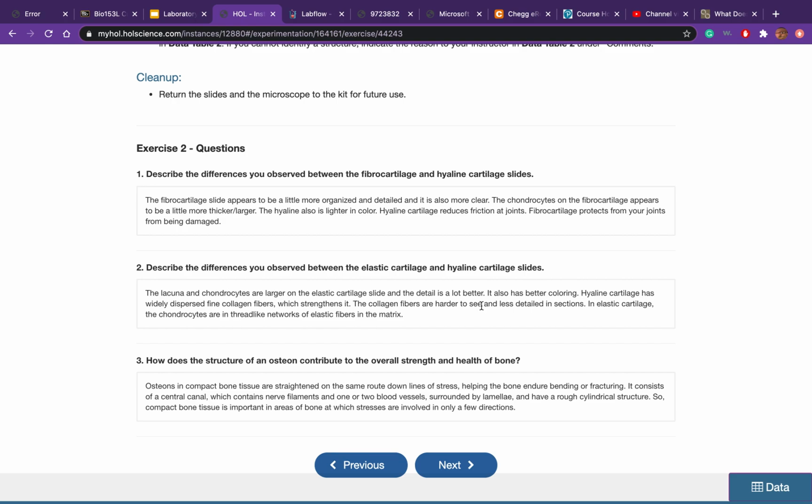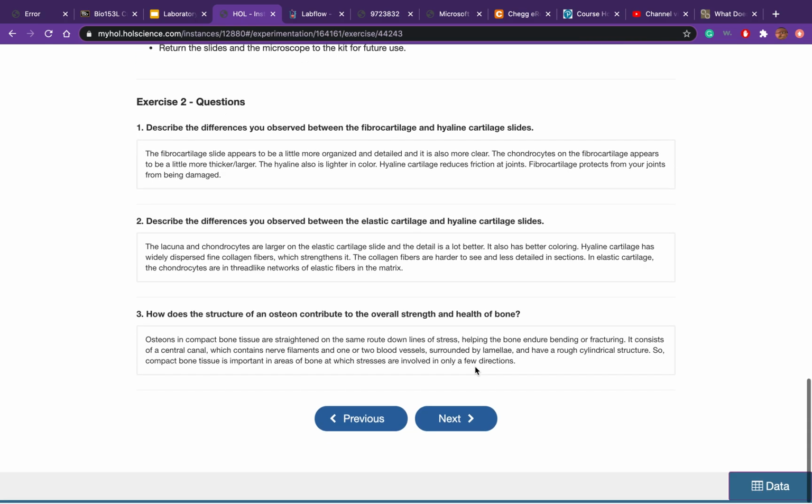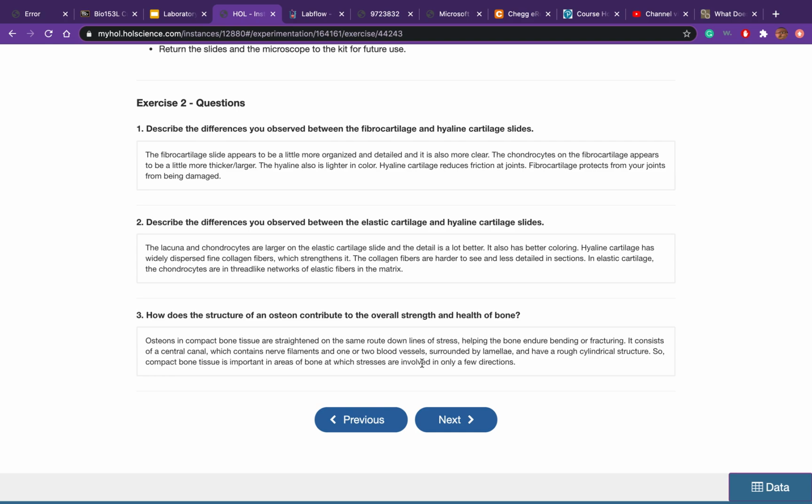There's 4, but you only have to compare the cartilages, which are 3. And of course, you have to give an overview of those bones and how they are healthy and contribute to the overall strength and health of the bone.